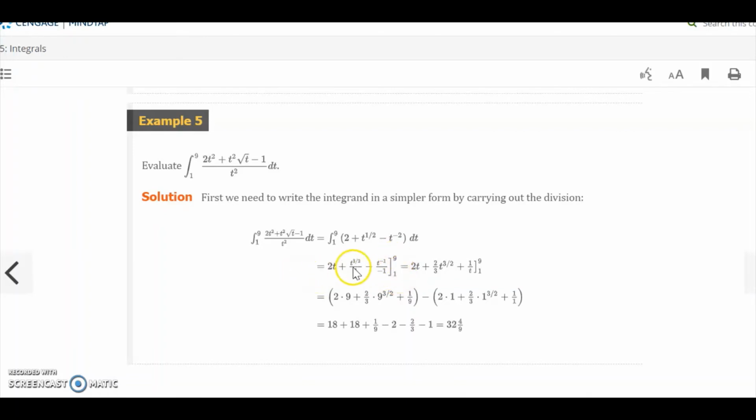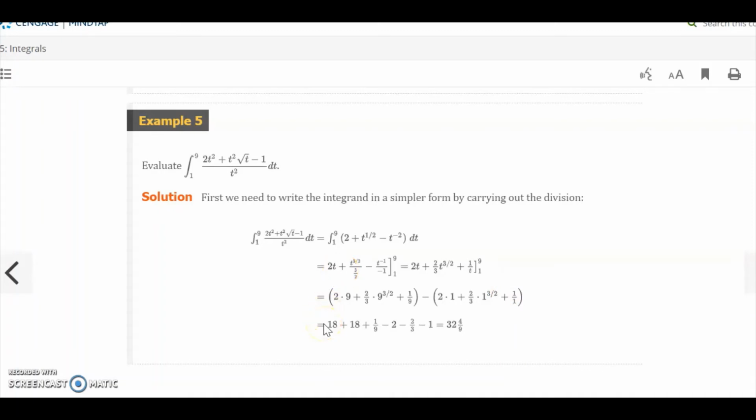So first you plug in 9 everywhere, then you plug in 1 everywhere, and in this case we don't get 0 at the end. So look how careful they are with placing the parentheses. Remember, we're subtracting all of this function at 1, so they have parentheses.